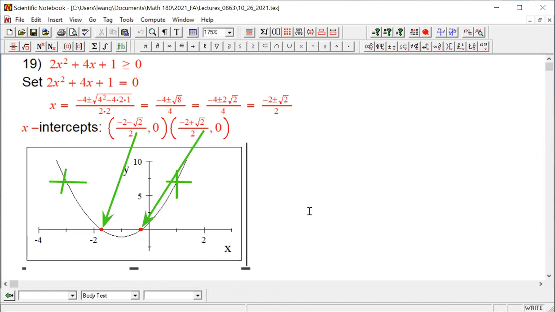Well, here's the solution. The solution would be x less than or equal to negative 2 minus √2 divided by 2, or x is larger than or equal to this piece.